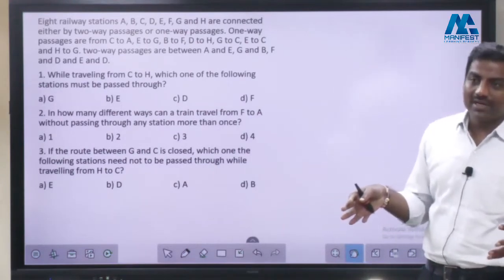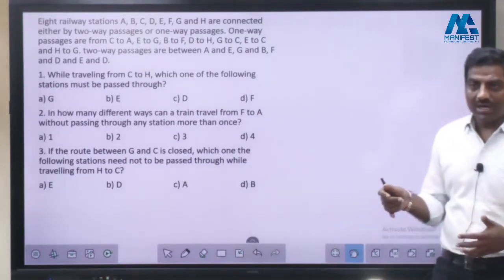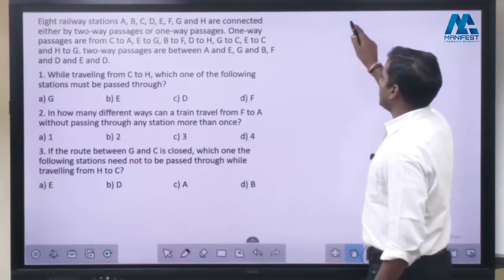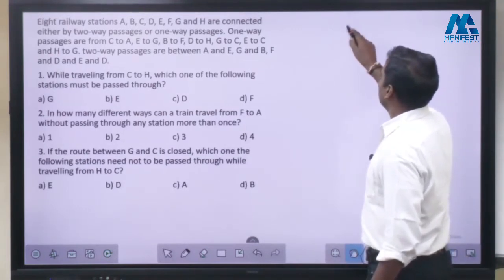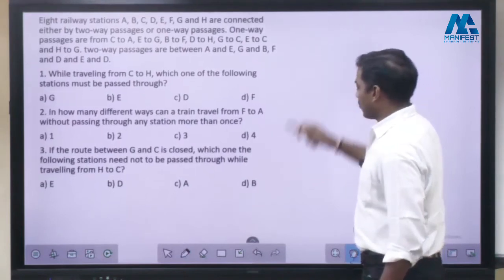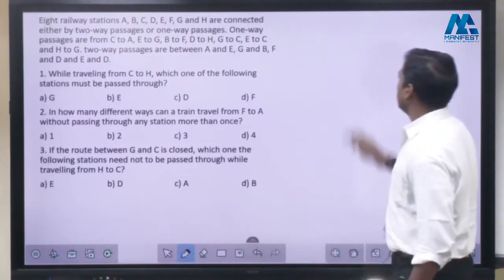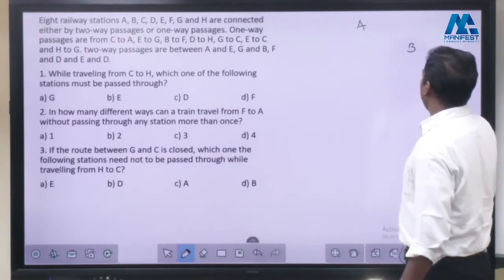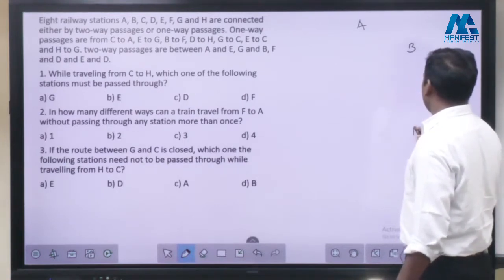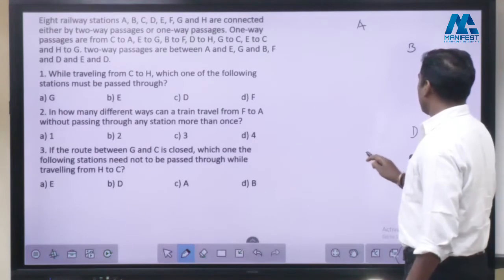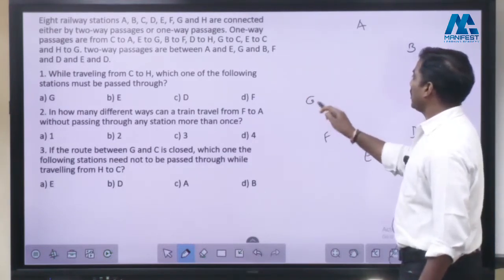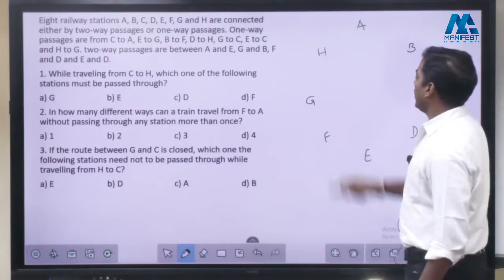It is better to write in a circular manner, okay. So I'll start with A, B, C, D, E, F, G, and H.